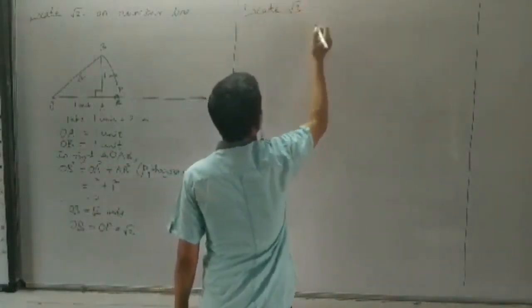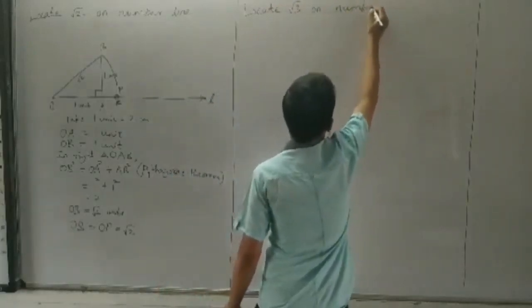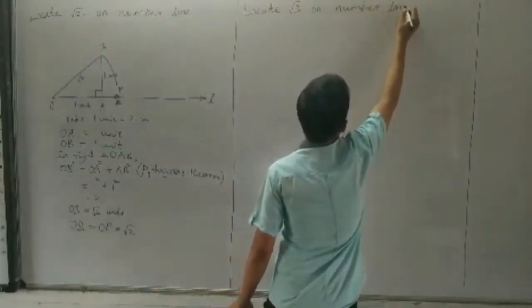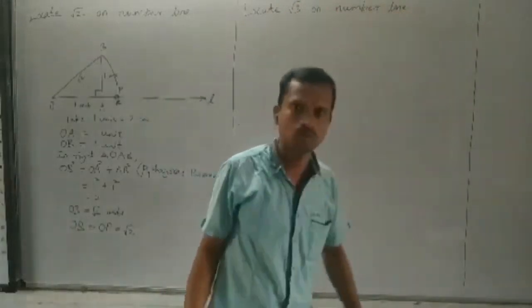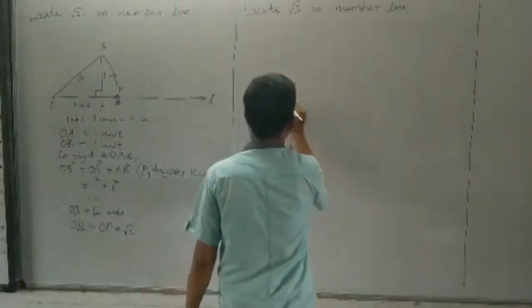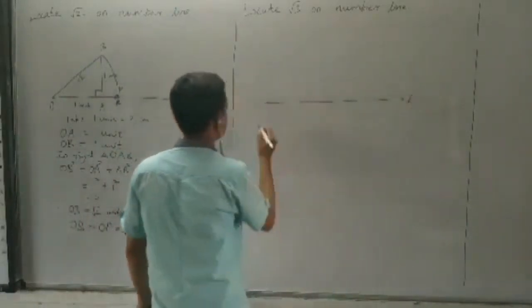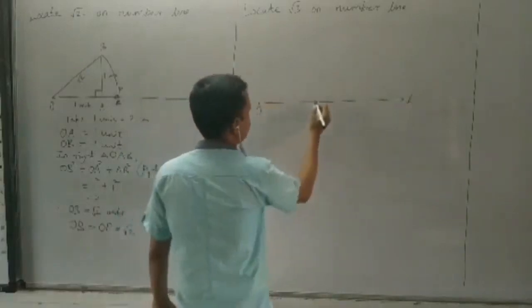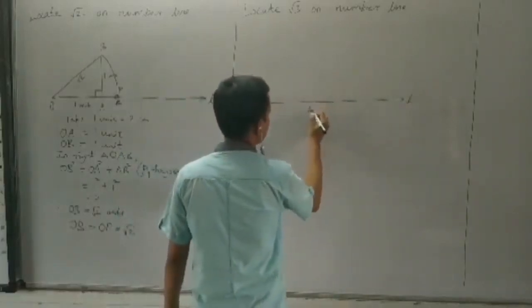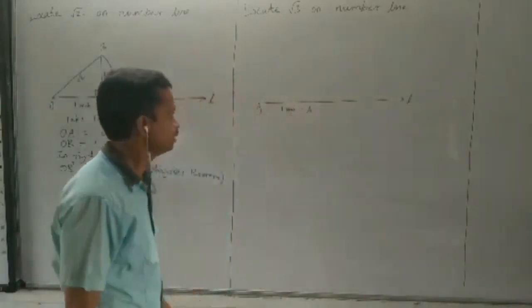root 3 on number line, the same way you have to proceed. But one more step we have to do. So the same one. You take the number line L and write it as O. Take 1 unit as A, OA, 1 unit.